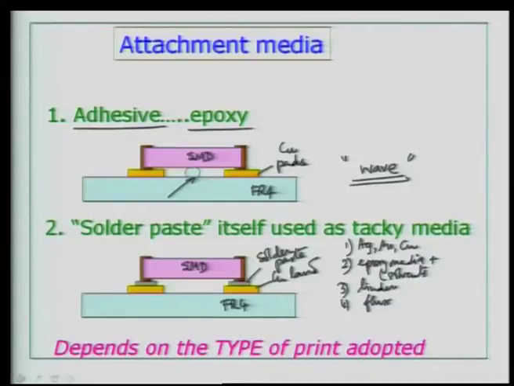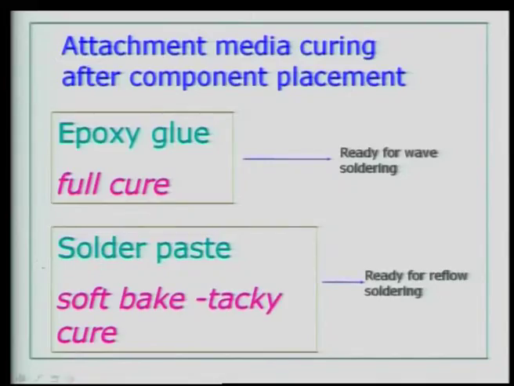So, this is used for the reflow soldering process. Make sure you adopt the attachment media process appropriately, whether you are using a wave soldering process or a reflow soldering process.